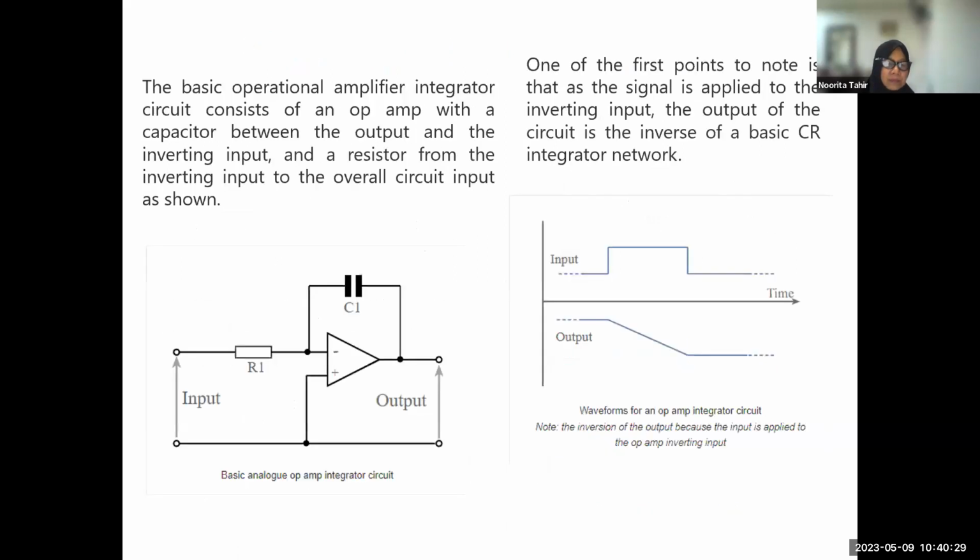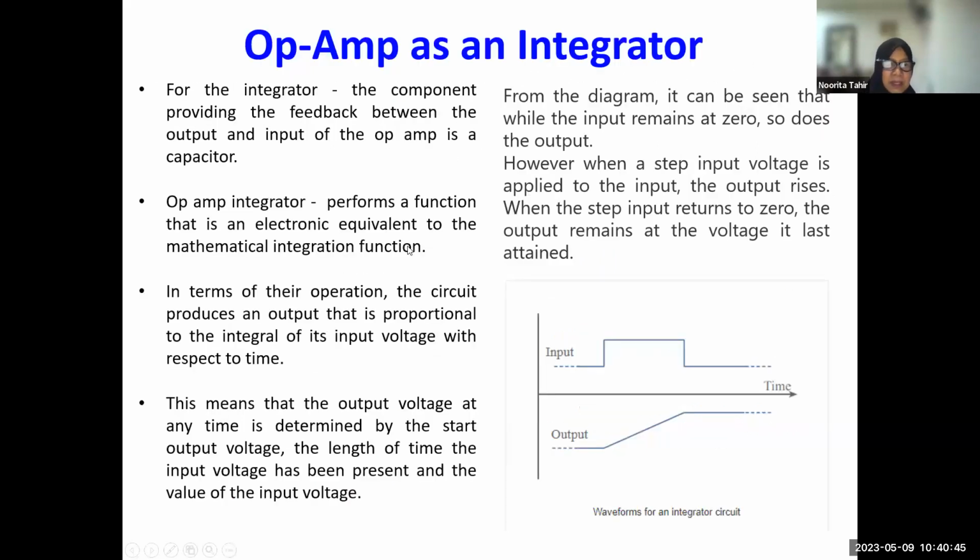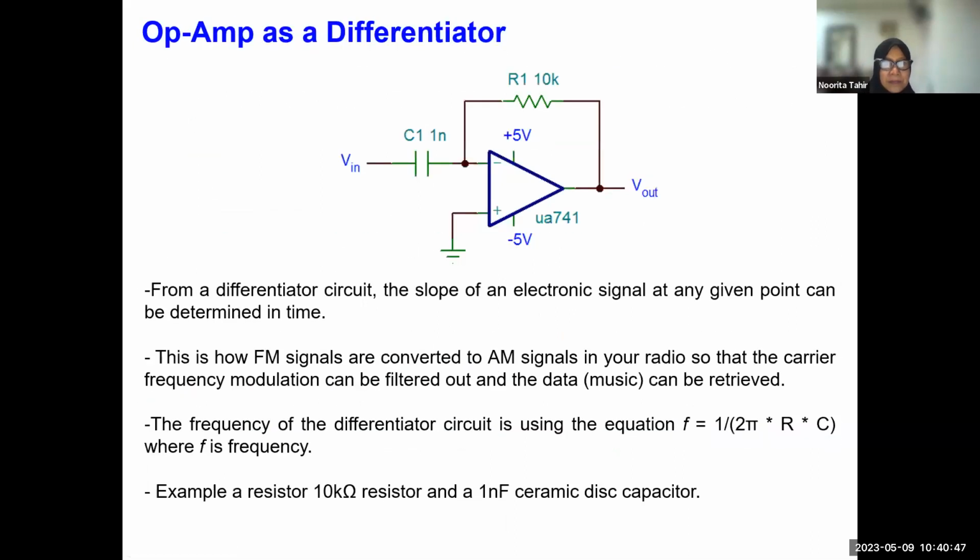Okay, in the basic operational amplifier integrator, the capacitor is located in the feedback loop here. The differentiator is the other way around: the capacitor is at the input here.